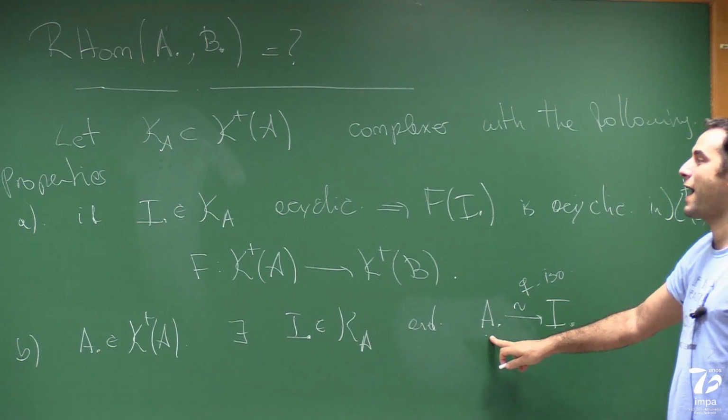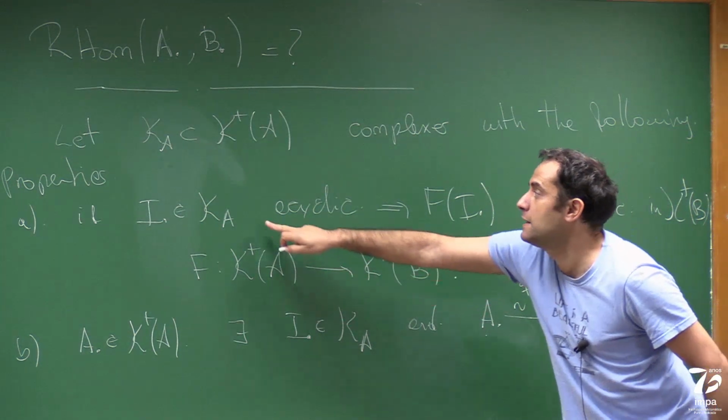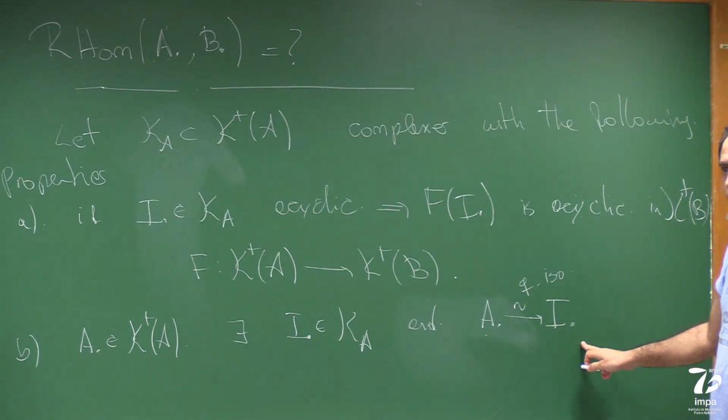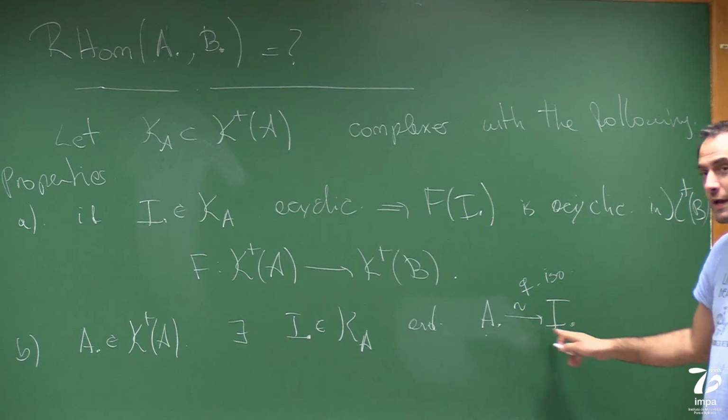Whenever we have enough injectives in the category A, this category does satisfy this property. For any complex, we constructed a quasi-isomorphism to a complex of injectives.